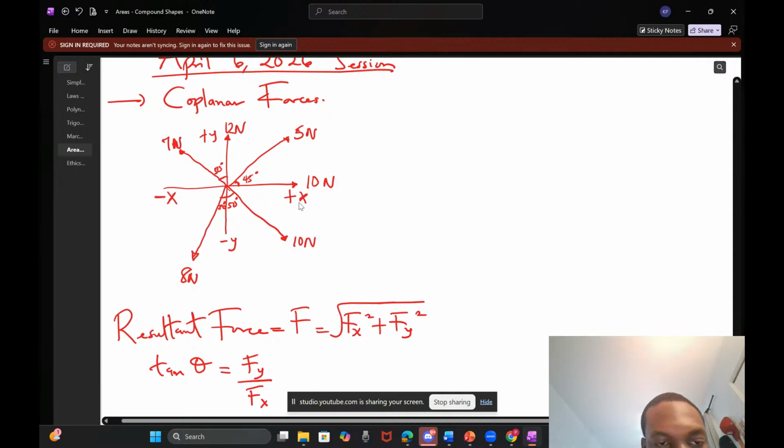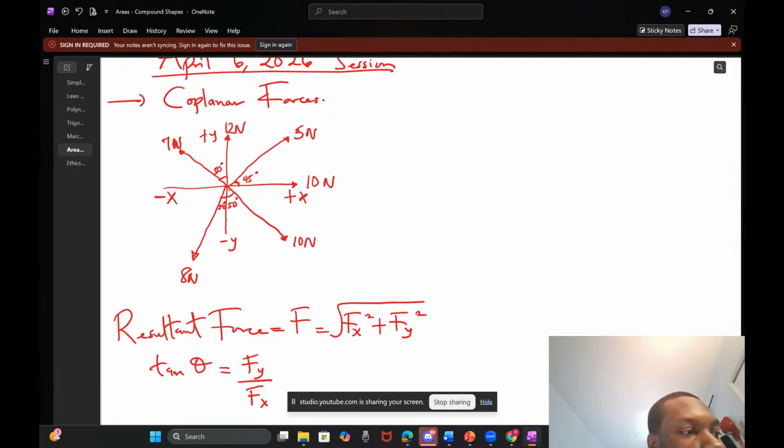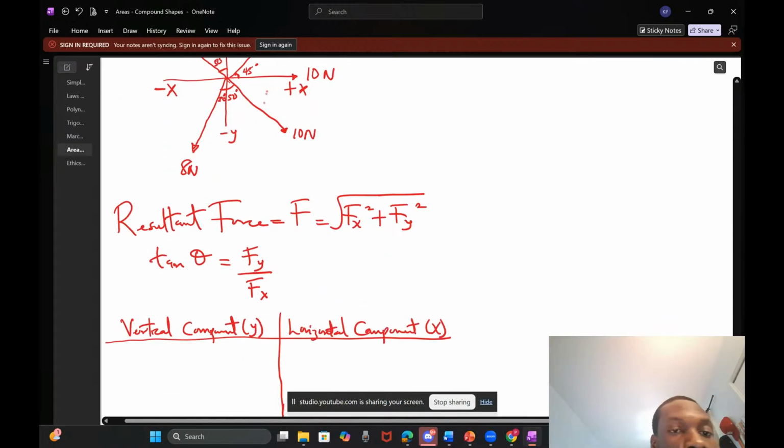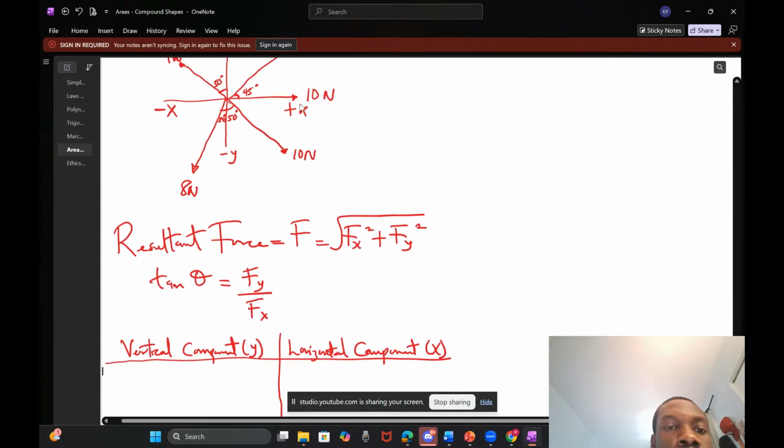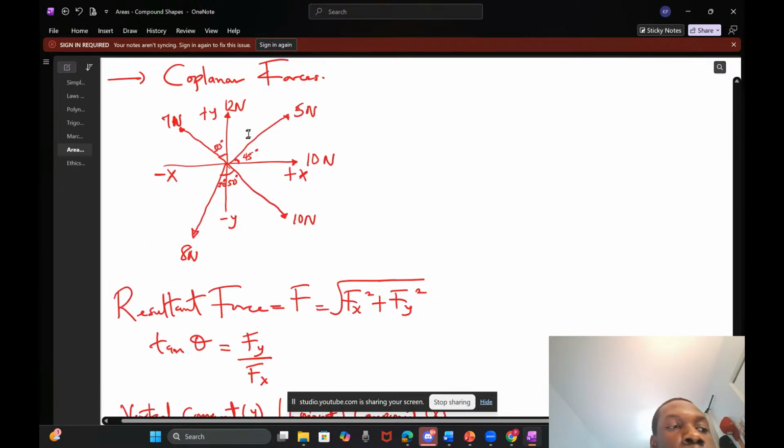Okay. So this 12 newtons has no angle. So we will say that for the y component, the angle is 0 degrees because it does not make any angle with the x-axis. And it's facing up, so it's definitely positive 12 newtons.